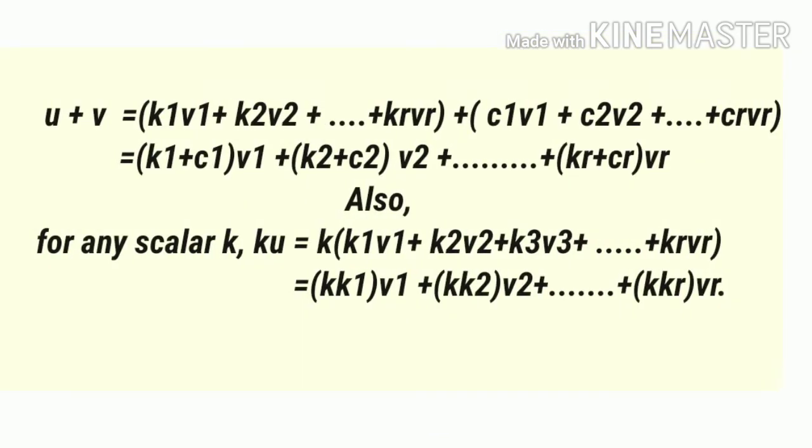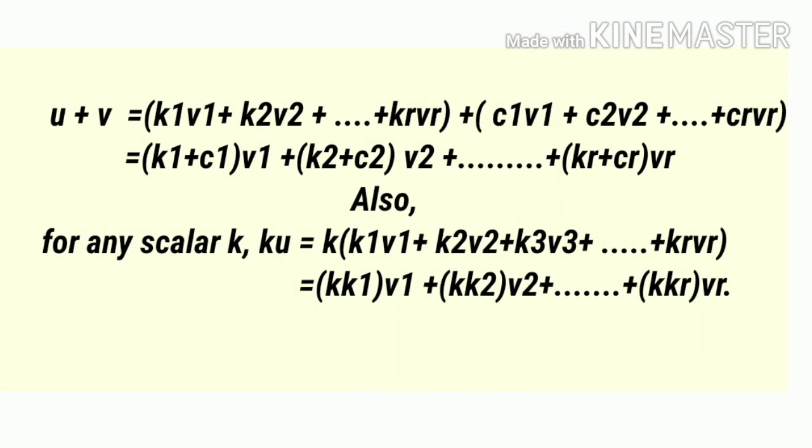Then the addition of these two vectors: u plus v is k1 v1 plus k2 v2 and so on plus kr vr, plus c1 v1 plus c2 v2 and so on plus cr vr. Then we can write (k1 plus c1) v1 plus (k2 plus c2) v2 and so on plus (kr plus cr) vr.